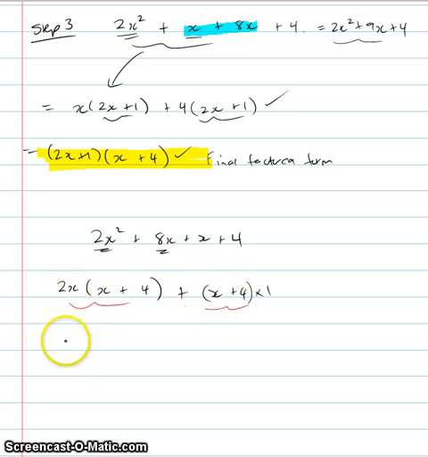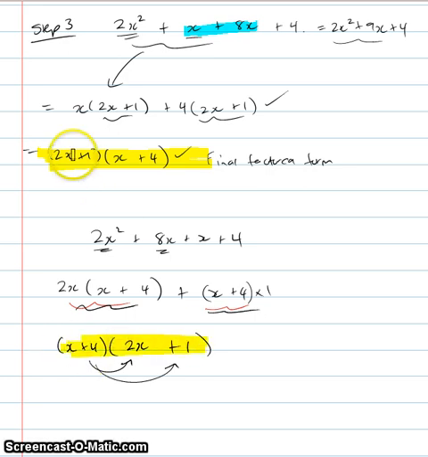It's again the x plus 4, so I can take x plus 4 out as the common factor and then multiply by 2x and 1, because x plus 4 times that gives me this expression, and x plus 4 times 1 gives me this expression, and we see we get exactly the same thing. So it doesn't matter which way you write your middle terms or the coefficients of x when you split them up.